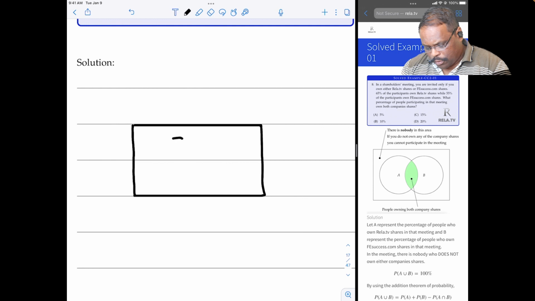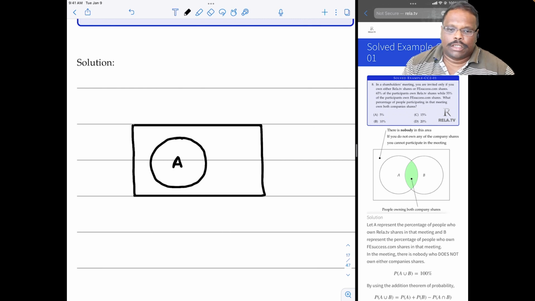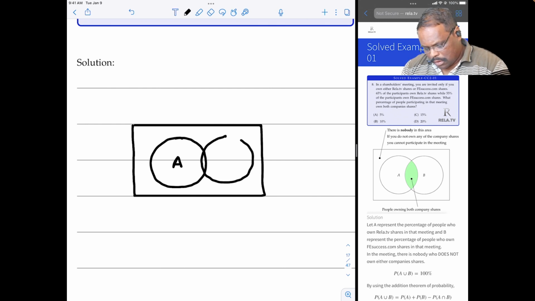So here we are going to represent the people who own Relative shares by a circle, and let's call them A. And let's draw another circle representing the people who have FEsuccess.com shares. Obviously, these two circles can overlap. That means there will be people in the meeting who can own both company shares.